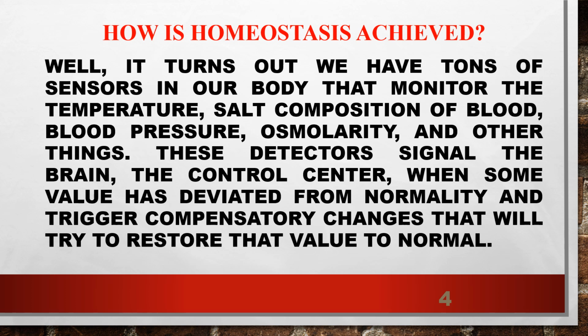For example, our body glucose level in an adult person is supposed to be maintained at 90 milligram per 100 centimeter cube. So if this level of glucose goes below 90 milligram per 100 centimeter cube, these receptors or detectors will signal the brain, telling the brain that in the blood the content of glucose is far below normal.